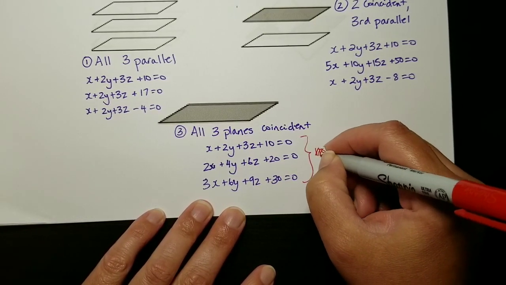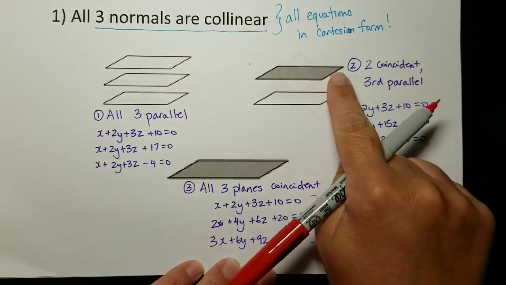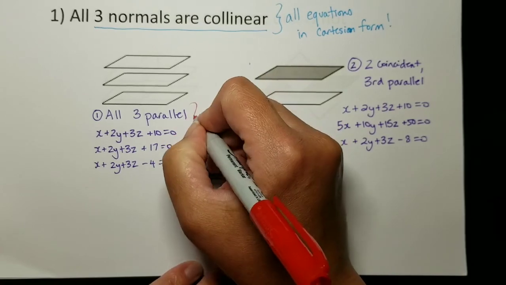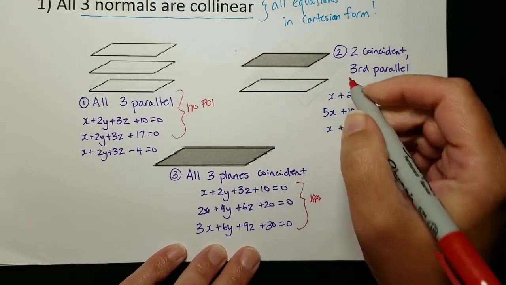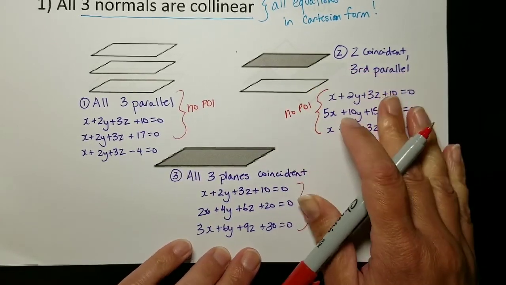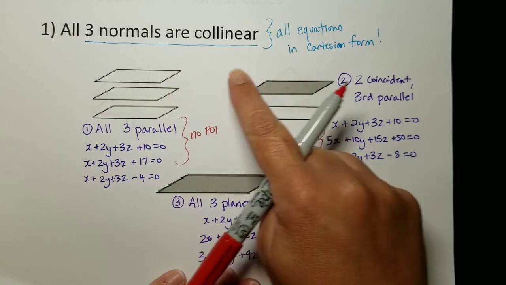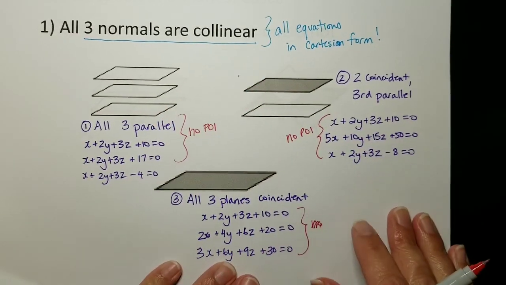So for the first two cases, we have no intersections. There's no spots here or here that lie on all three of those planes. There's no points that lie on the three planes in number 1 or number 2.